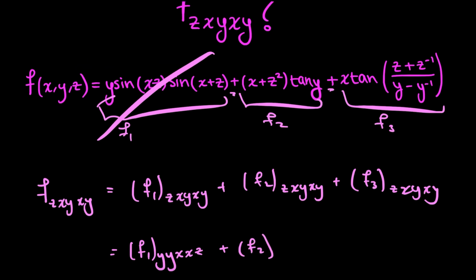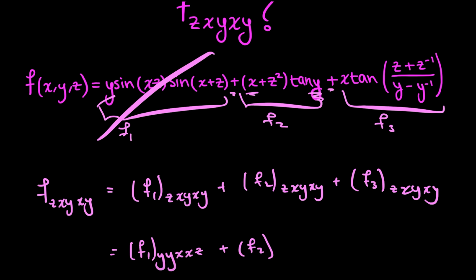Now we apply the same approach to the second piece. When I look at it, I see y is in that trig function. Again, if I take the derivative with respect to y first, it's going to give me a gross result, and I'm going to have to do more work, but I don't want to do that. So instead, I will choose x because my tan function is multiplied by just one copy of x.